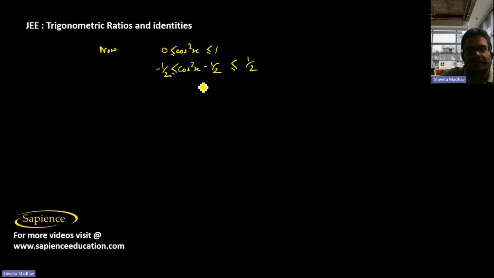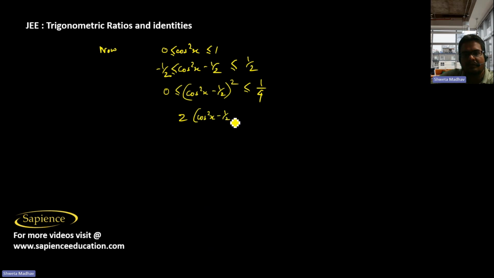Then its whole square will go from 0 to 1 by 4. So 2 into that, then minus 3 by 2, means twice of 0 minus 3 by 2, so it will go from minus 3 by 2 to twice of 1 by 4, so half, minus 3 by 2.